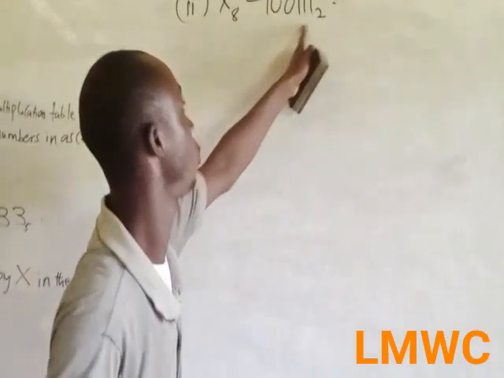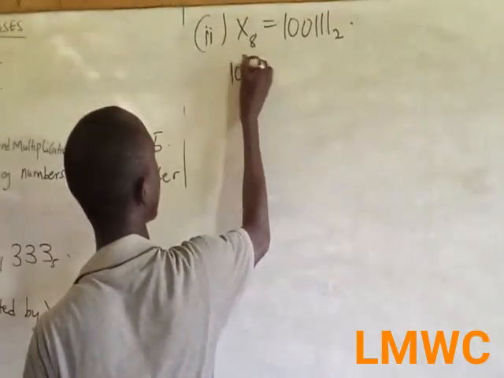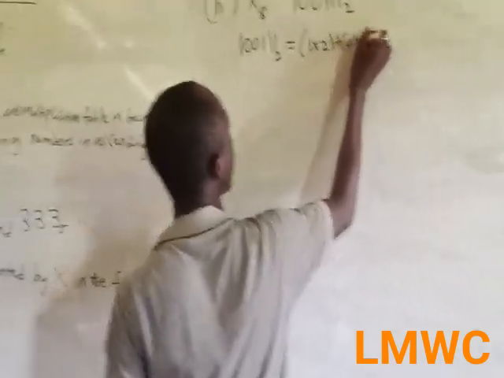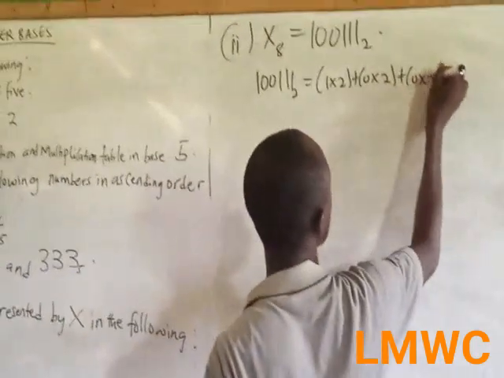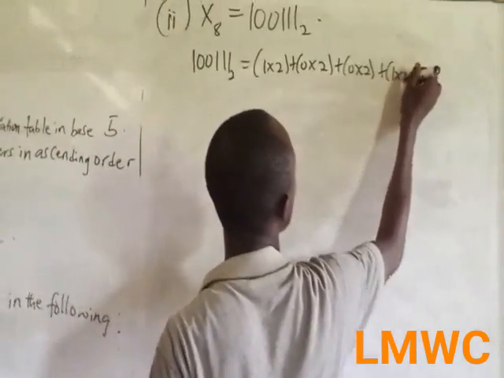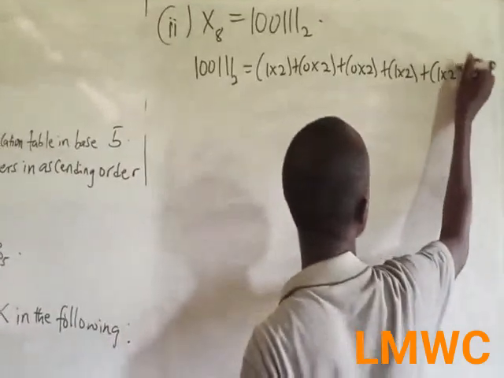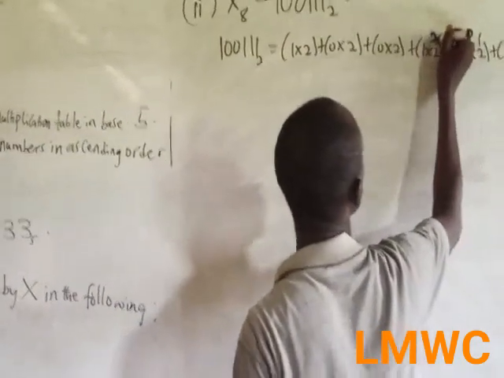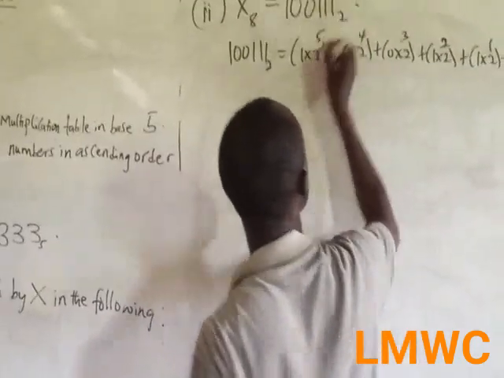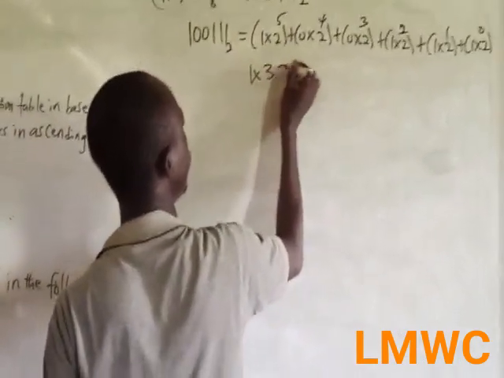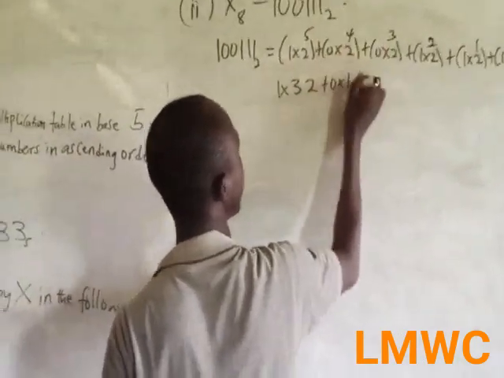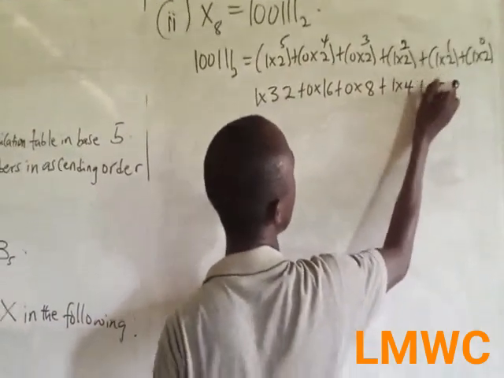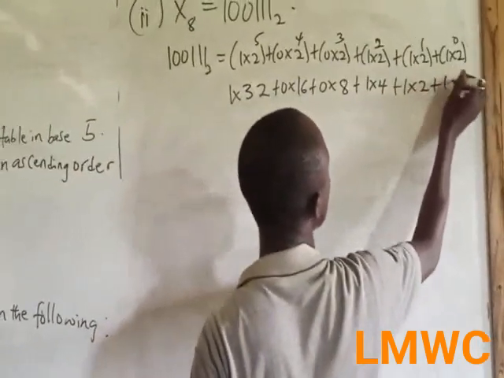So you also convert this to base 10. So it becomes 1 times 2 plus 0 times 2 plus 0 times 2 plus 1 times 2 plus 1 times 2 plus 1 times 2, with powers 0, 1, 2, 3, 4, 5. 1 times 2 to the power 5 is 32, plus 0 times 2 to the power 4 is 16, plus 0 times 2 to the power 3 is 8, plus 1 times 4, plus 1 times 2, plus 1 times 1.